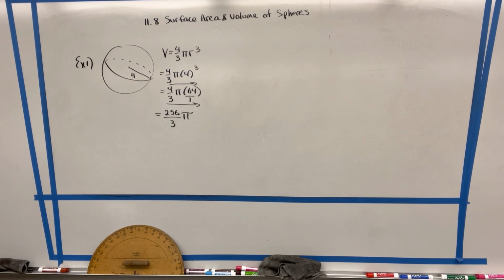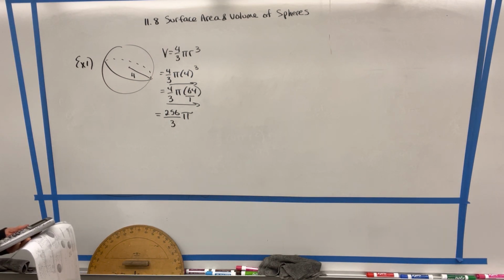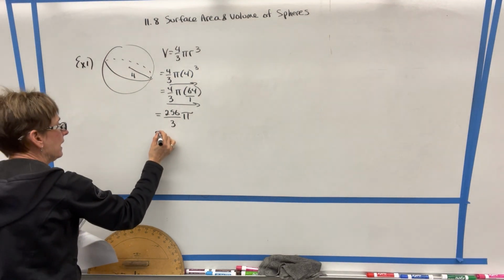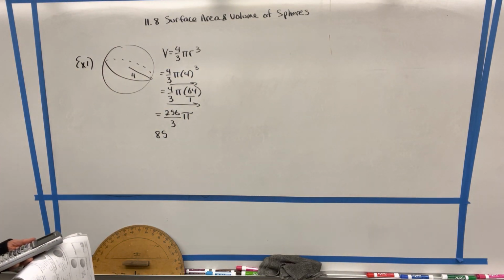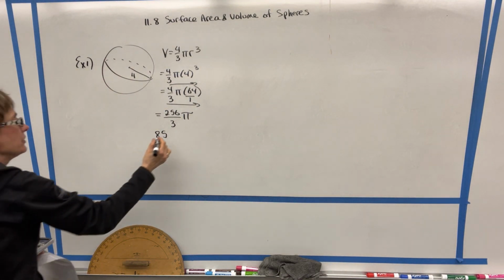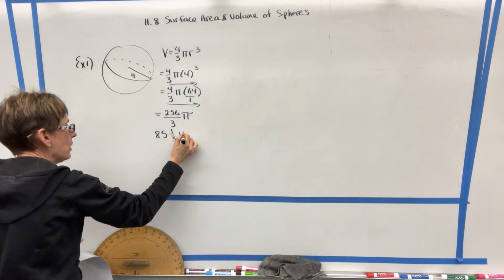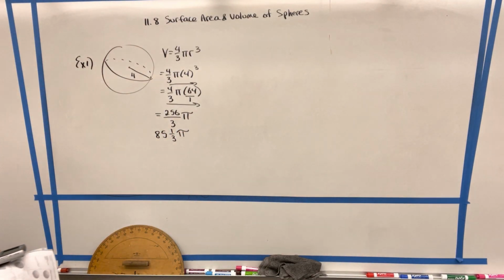If I want, I can see how many times 3 goes into 256. So I would divide it by 3. It goes in 85 times. 3 times 85 is 255. So we could also write this if we wanted this way.